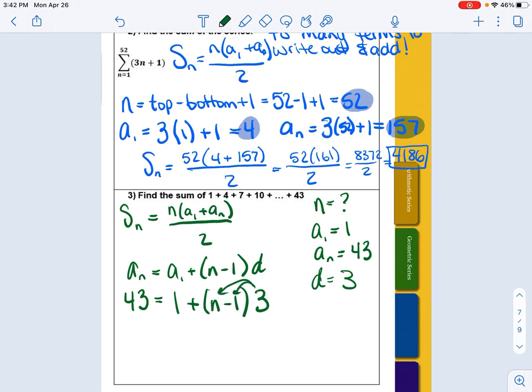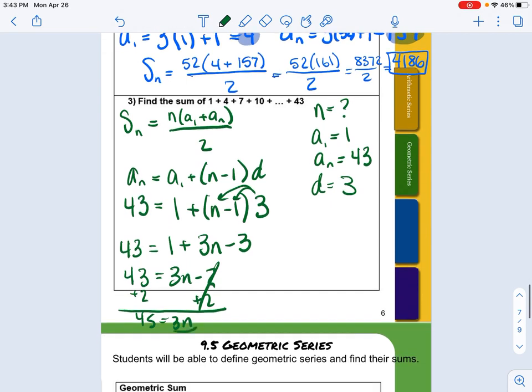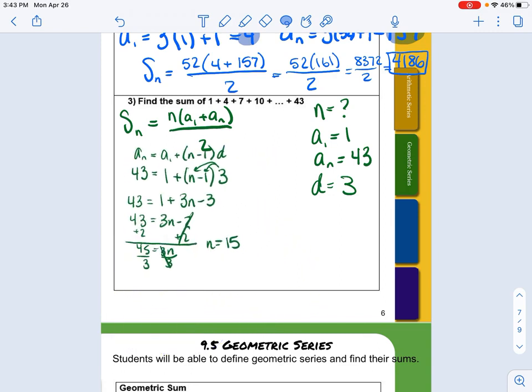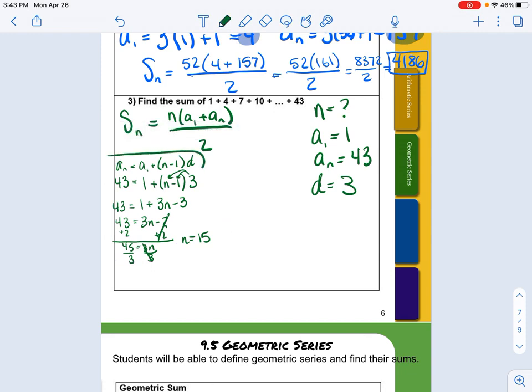We'll distribute, combine like terms, and solve. We get our n value is equal to 15. That means there are 15 terms in this sequence.